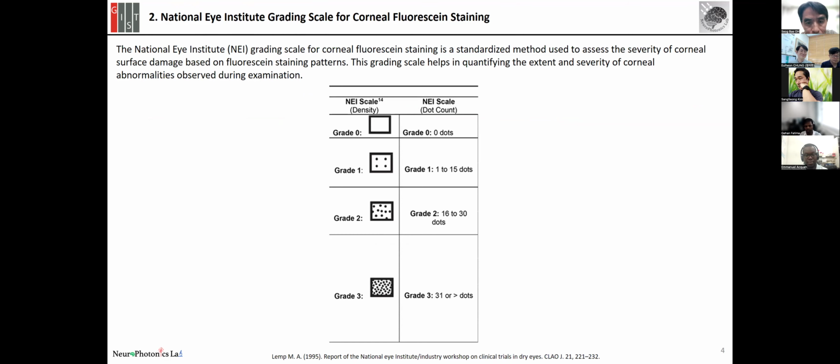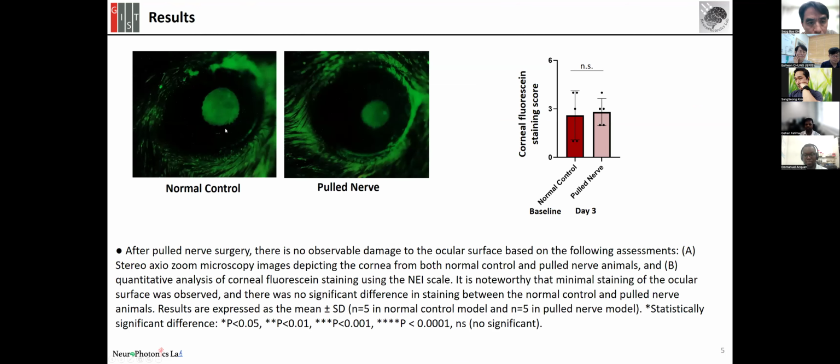So how are we counting? First of all, this is my experimental data. This is the normal control model at the baseline I prepared, and this is the Pulner data on day 3 after my experiment. If we can see, there's no observable damage to the ocular surface, and I assessed this on the stereomicroscope from day 3.